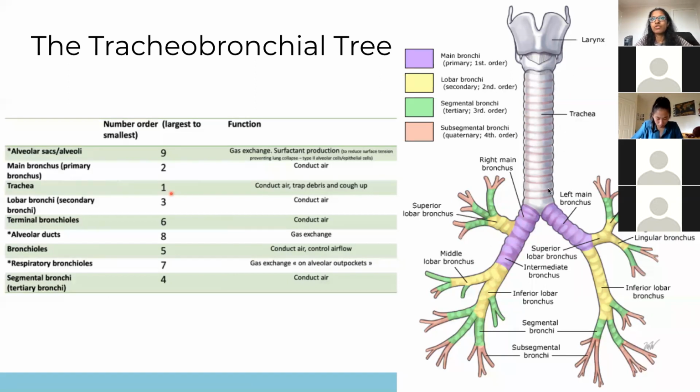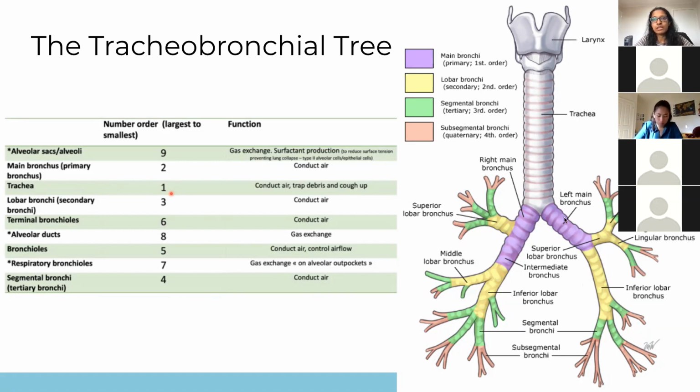You can see these gray structures, which are C-shaped hyaline cartilage rings. These rings are all about preventing its collapse. That's the purpose of these rings. Also, you can see that it bifurcates, splitting into two at a place we call the carina.